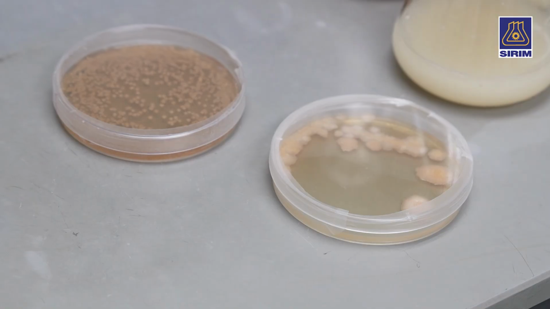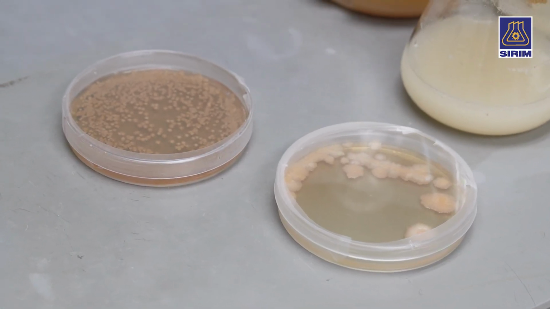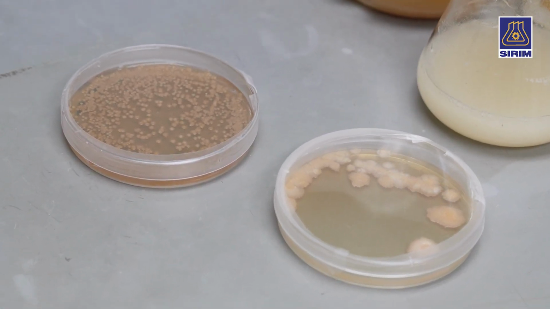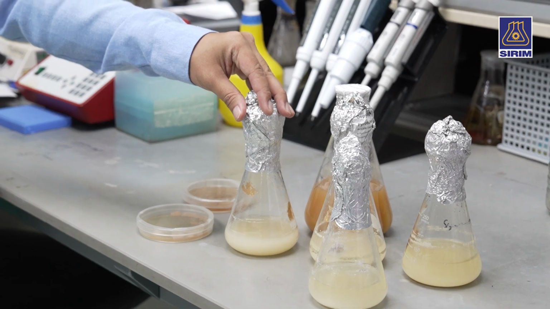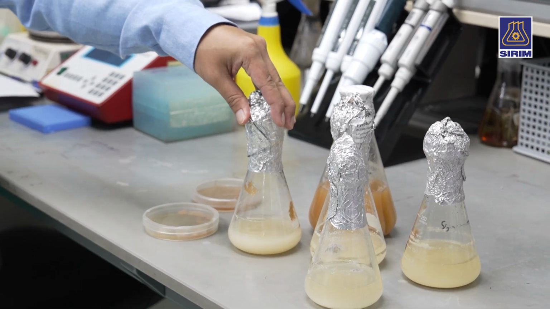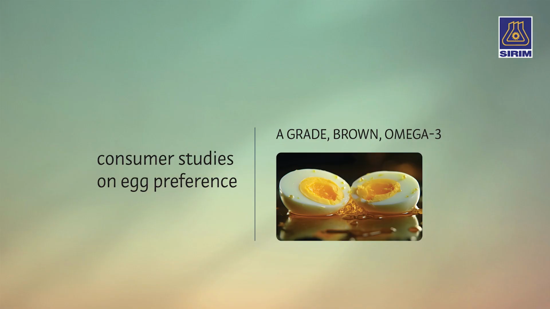So why don't we introduce raw materials that are high in DHA instead of ALA, and that is microalgae or any marine microorganisms that are rich in oil. The cells contain oil, and this oil has high omega-3.